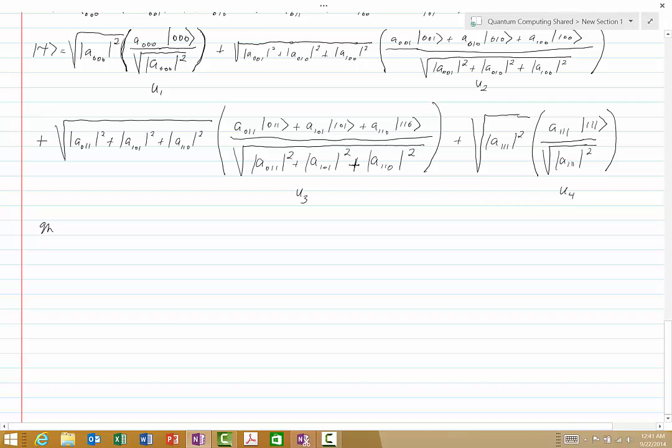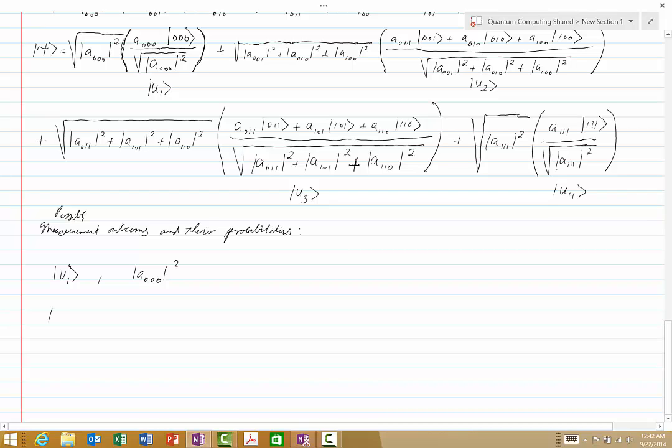Let's just say the possible measurement outcomes and their probabilities. Well, one outcome would be U1, and the probability of that is simply the magnitude of A000 squared.